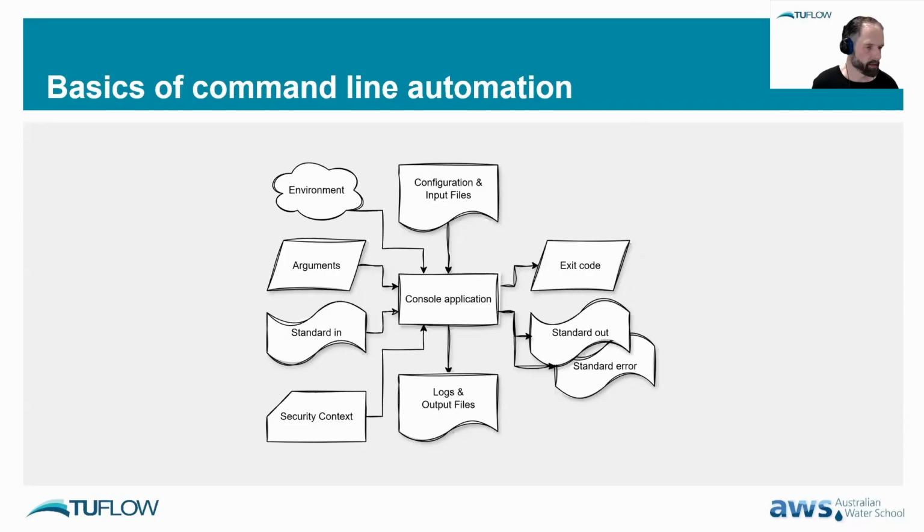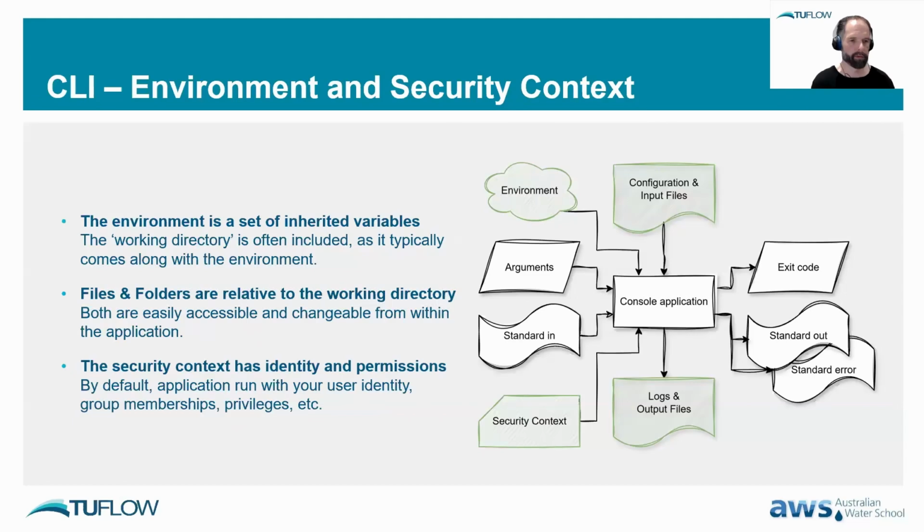Let's see. I'll skip over this and get into this one right away. So the environment is a set of inherited variables. A lot of you have probably dug around in Windows and at some point seen where you can set environment variables. These are variables that are set for your entire system.